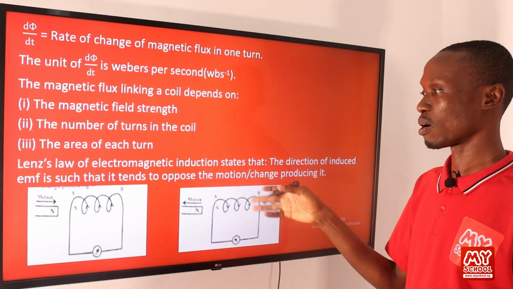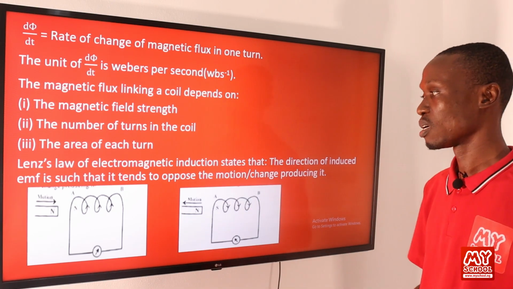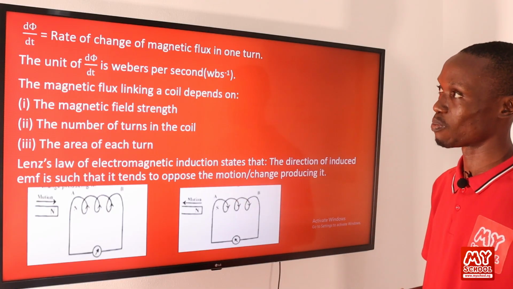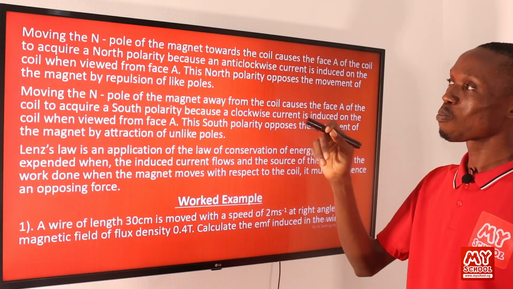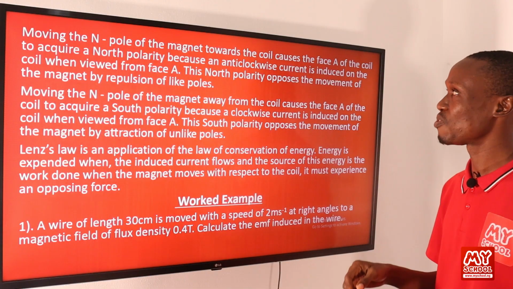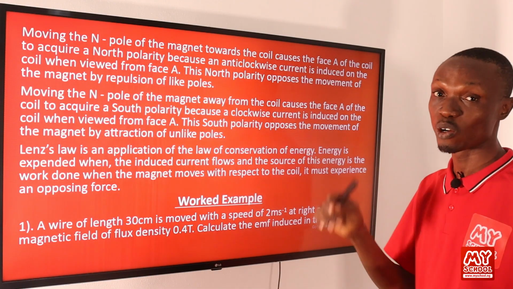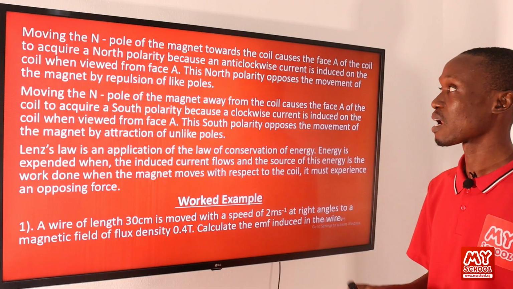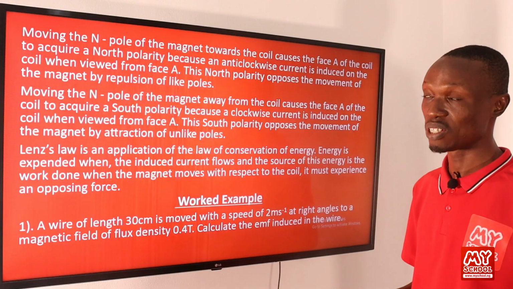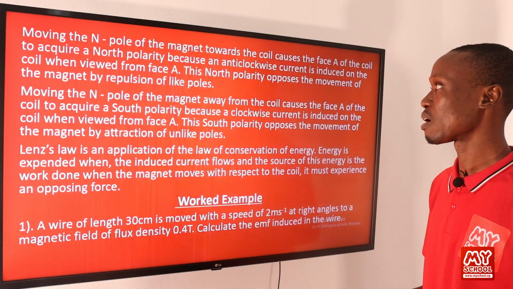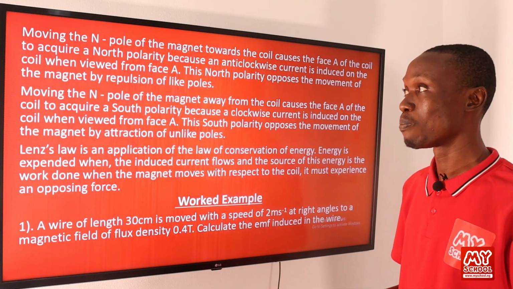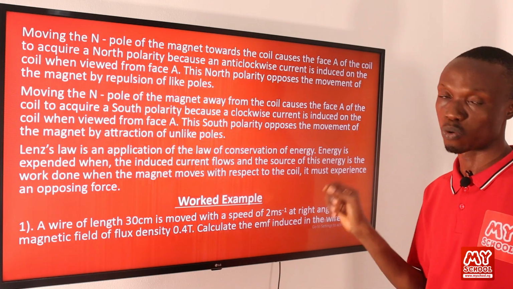Okay, so this diagram is just illustrating Lenz's law. So let's move to the next slide to explain what this diagram represents. Moving the north pole of the magnet towards the coil causes the face A of the coil to acquire a north polarity because an anticlockwise current is induced on the coil when viewed from face A. This north polarity opposes the motion of the magnet by repulsion of like poles.